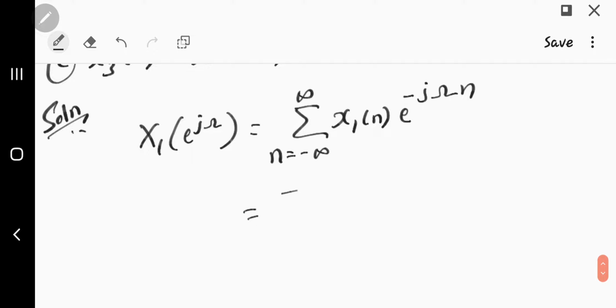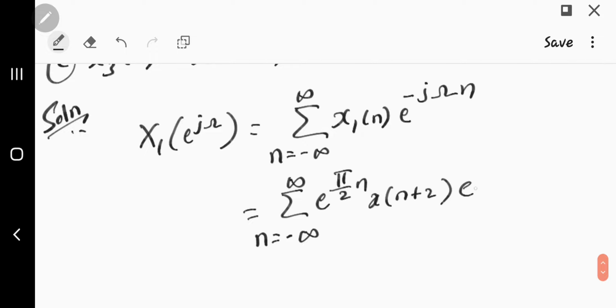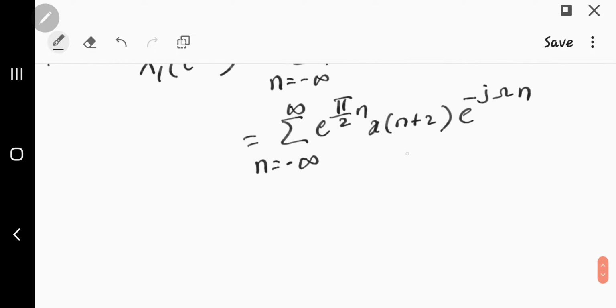Now if you substitute this value, n is varying from minus infinity to plus infinity, e power pi by 2 n into x of n plus 2 e power minus j omega n here. Now this thing I will replace with some other variable. Put m is equal to n plus 2.